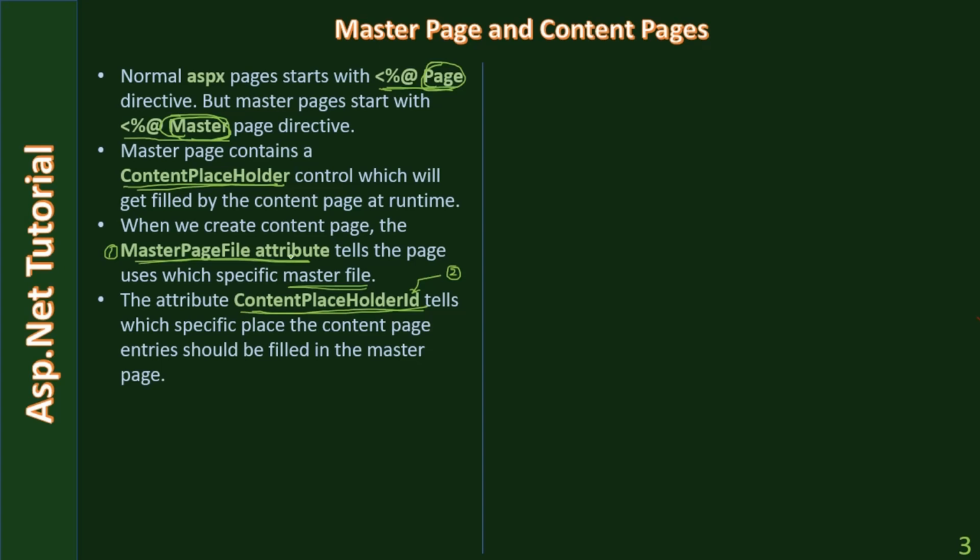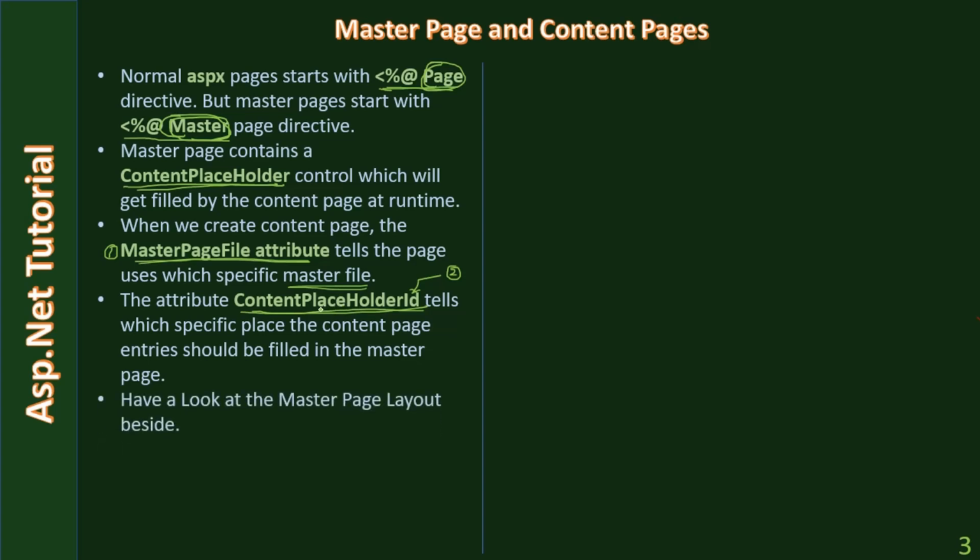So first the child page will pick the master page file, then inside the master page file a specific location by making use of the ContentPlaceHolderID. When the child page tells these two, the content of the child page will occupy this content placeholder location in the master file.